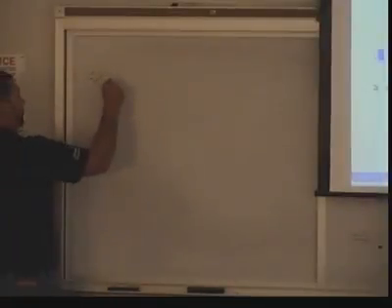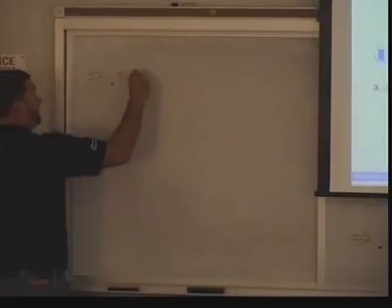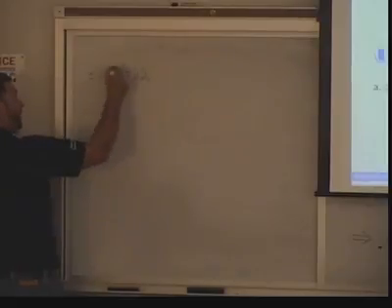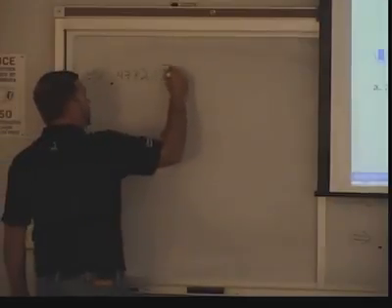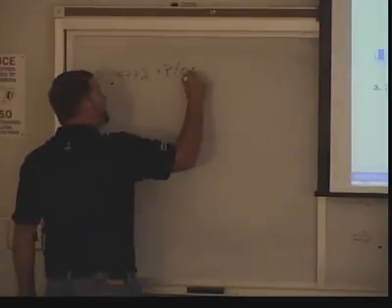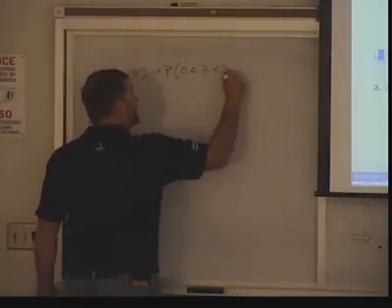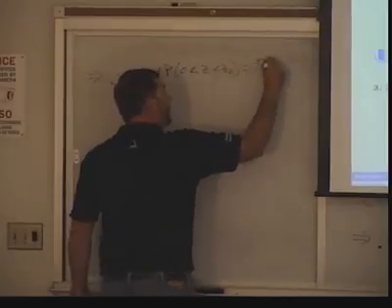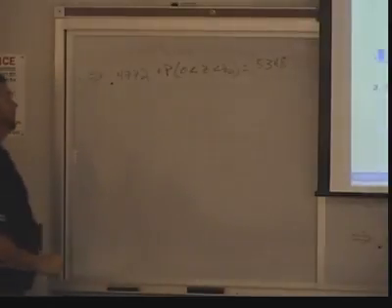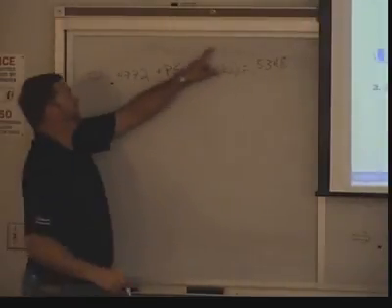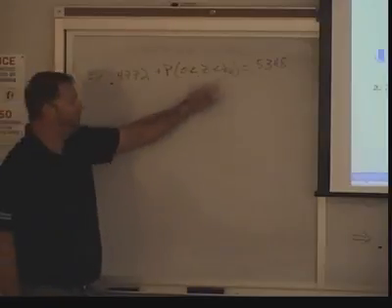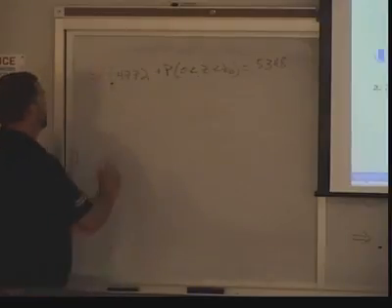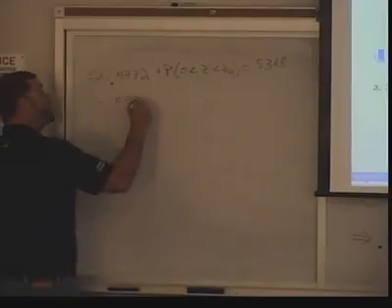That implies that 0.4772, which is the probability that Z lies between negative 2 and 0, plus the probability that Z lies between 0 and Z naught, has to equal 0.5348. I need to get this all by itself so that I can find the area that it encapsulates, and then I can go and find the Z value. So I need to subtract 0.4772.